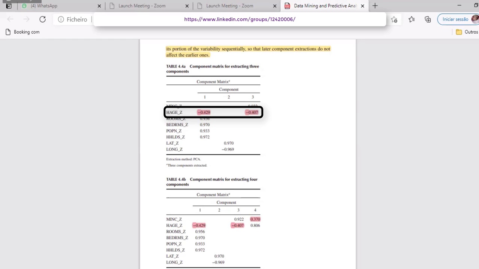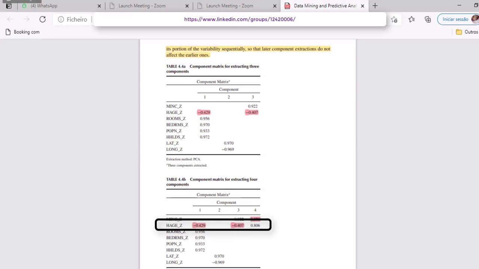And what if we consider component number 4? In table 4 for B, we can see that component number 4 is mostly related to the age. If we consider component number 4, it means that we are considering the age of the house. If we lose it, it means that the age of the house is not very important for us.